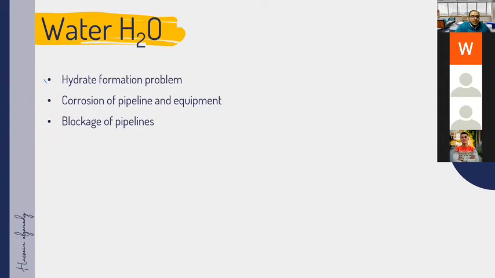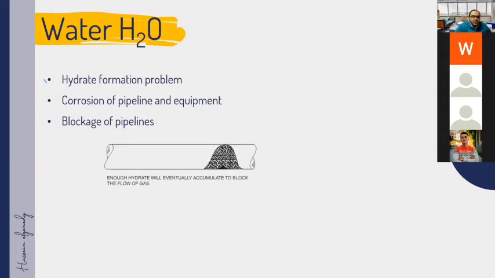Okay. What problems can water make to our gas? The first and the major problem is hydrate formation. Hydrates are something like ice formed in the pipelines at specific pressure, mainly high pressure and low temperature, and they cause a lot of problems, such as blocking of the pipeline.